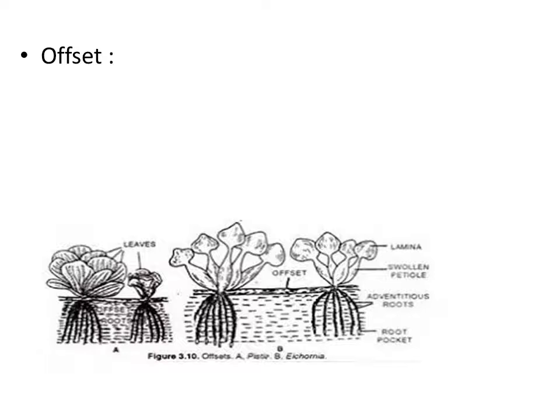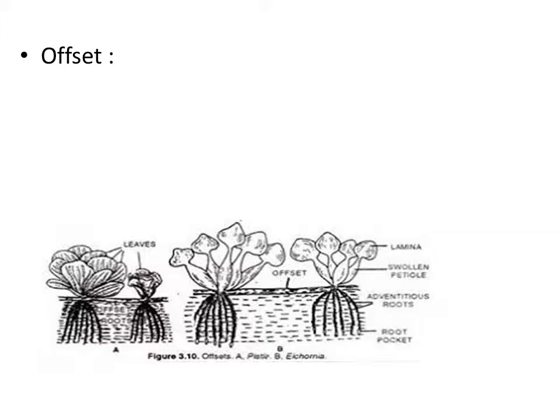So from the base of the main plant, a short internodal structure arises. So that short internodal structure consists of a nodal region. So from that nodal region, bunches of leaves arise towards the aerial surface, and towards the water, bunches of roots will form.